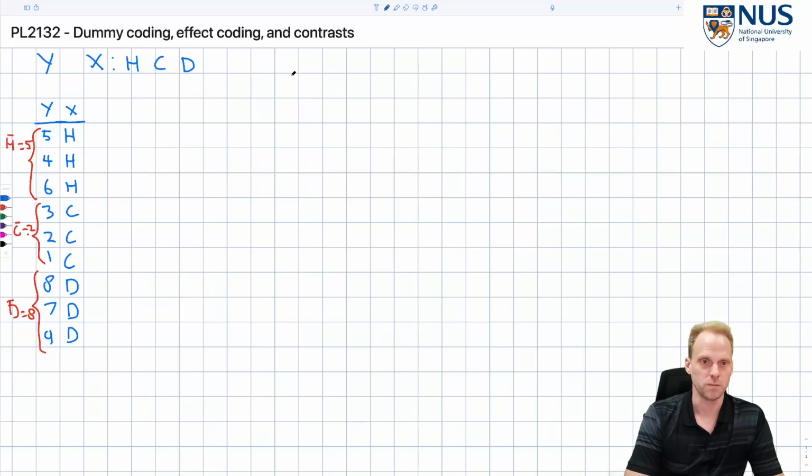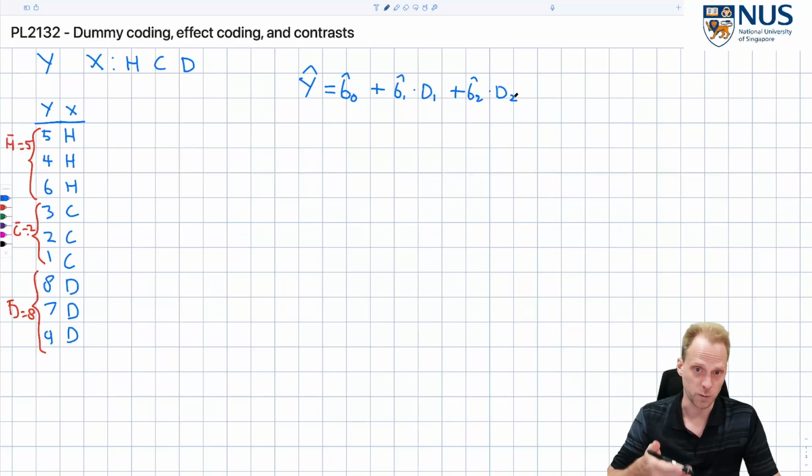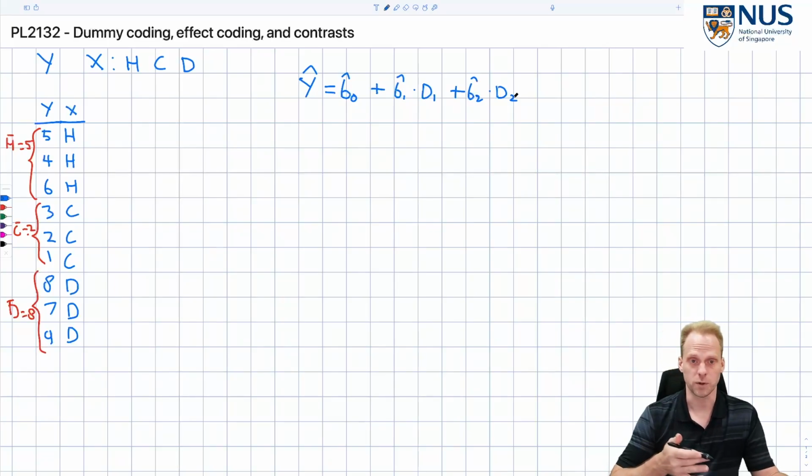So for example, my model can be y hat, the predicted value, equals b0 hat, the predicted value of an intercept, plus b1 hat times the first dummy variable plus b2 hat times the second dummy variable.